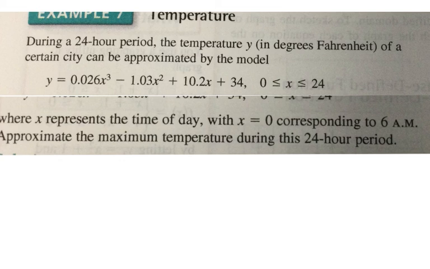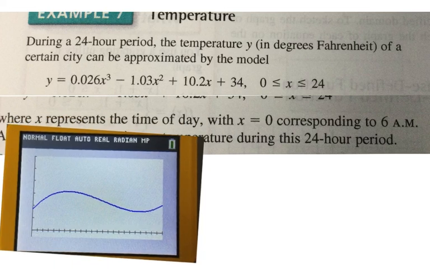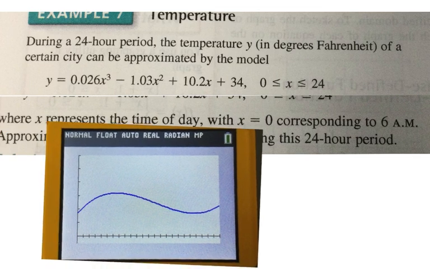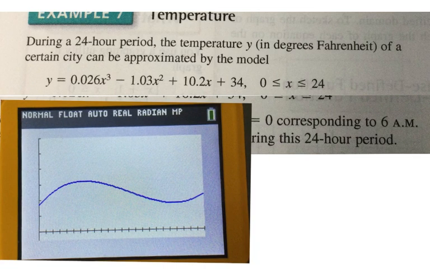So right here is what my graph looks like. And again, yours should look the same because we have the exact same values for the scale. If you picked a different window, your graph could look a little different. If you picked the same window as mine, that's what it looked like.